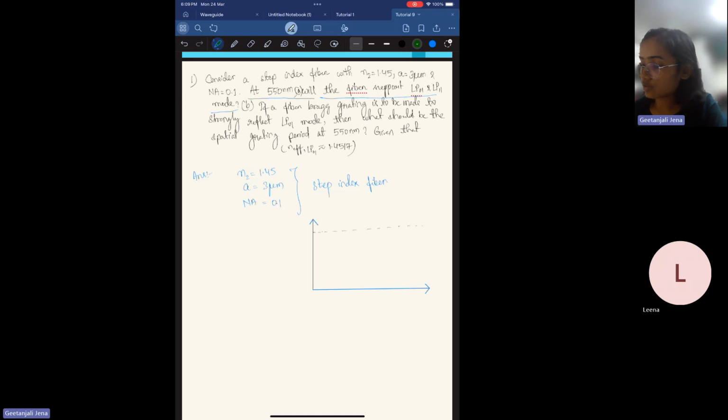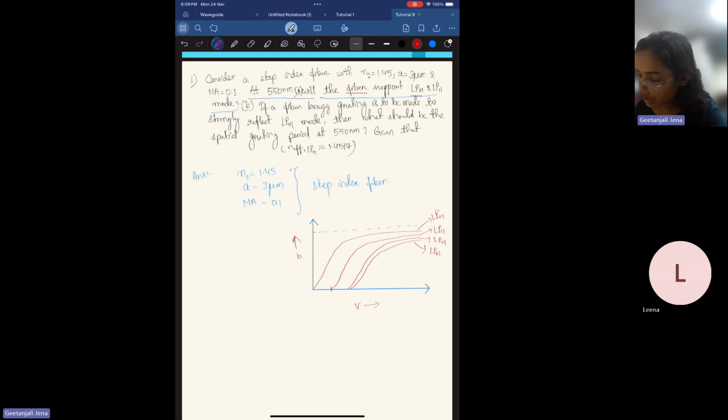So if you recall, the bV curve, this is b and this is V. The graph is like this: this is for the LP01 mode, the variation of b with respect to the V parameter. Then we have the LP11 mode, then the higher order modes. This is LP01, this is LP11, this is LP21, and this is LP02.